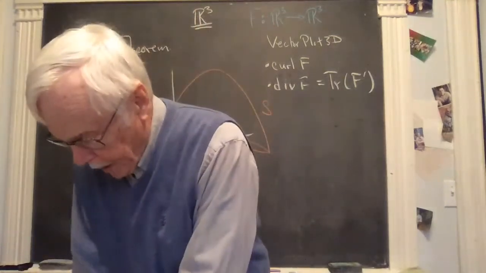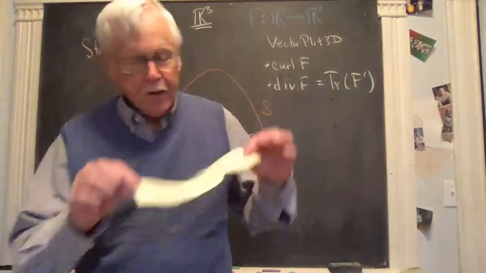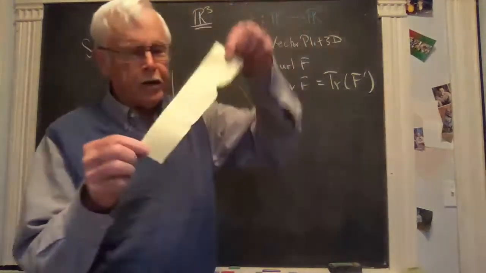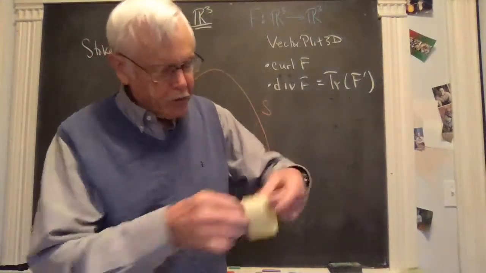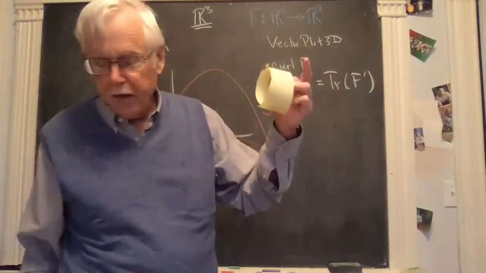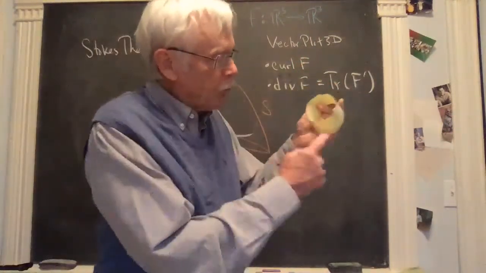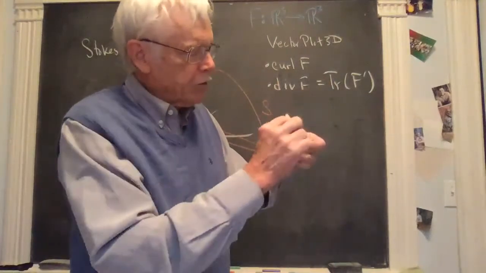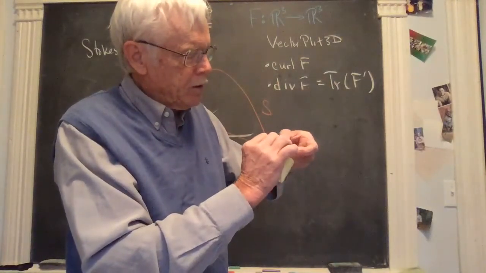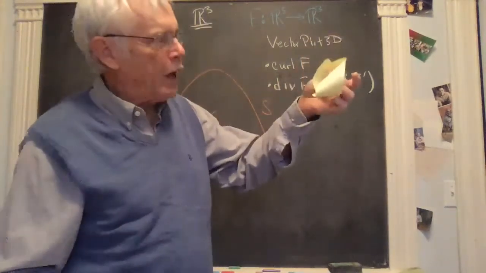This was a surprise to mathematicians, but it is a simple surface. This surface is somewhat rectangular. If you bend it around into a cylinder, it has a uniquely defined normal. You can define an outer normal or an inner normal, but if you put a twist in it, this is called a Mobius band.